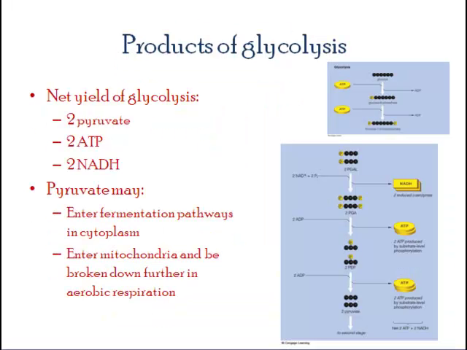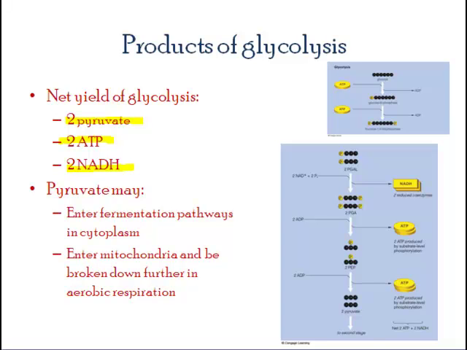Now, at the end of glycolysis, let me recall. We got the pyruvate, we got the ATP, and we got this electron carrier from the previous steps. Now, there are 2 possibilities for the fate of pyruvate. The first fate is either fermentation or it could be the Krebs cycle.